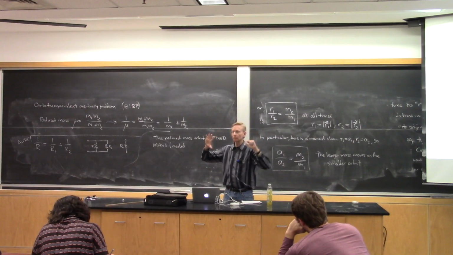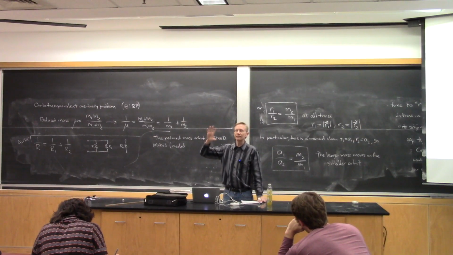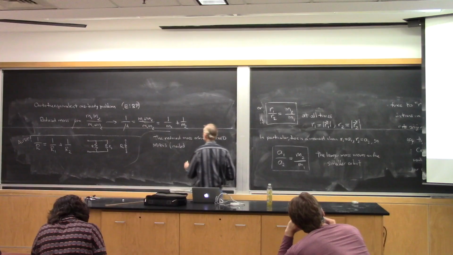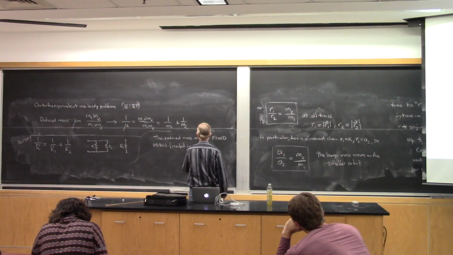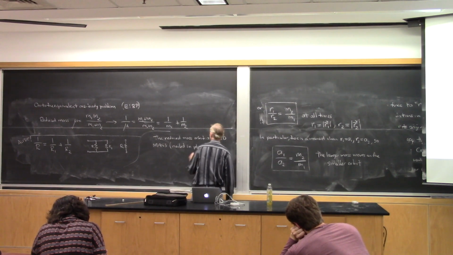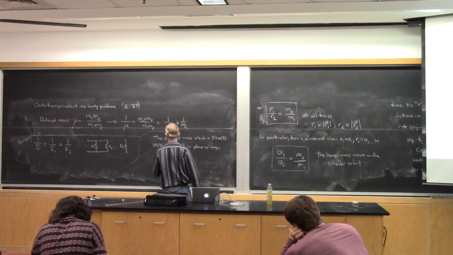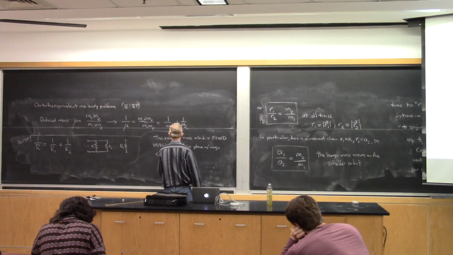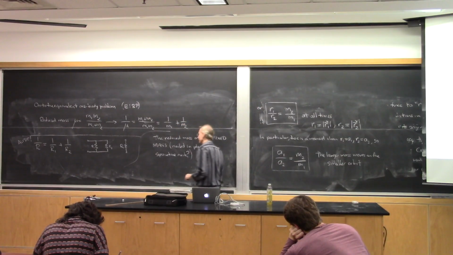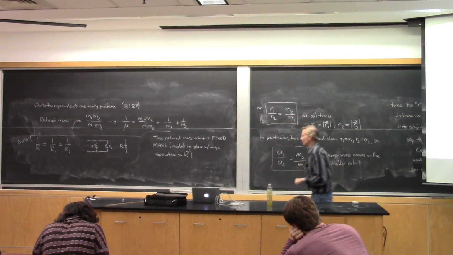But in the equivalent one-body problem, capital M sits at the center of mass and is locked into place there, nailed in place with magic space-time nails. So that's a little unphysical, but it doesn't hurt. We understand what we're doing.